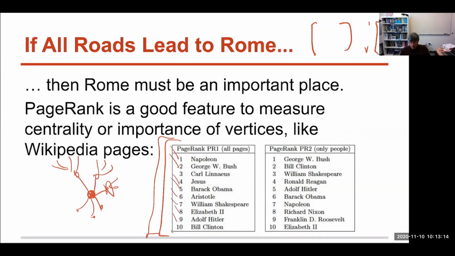I think everybody here will agree is a major historical figure. Perhaps the one that is most suspicious is this guy Carl Linnaeus. Does anyone know why Carl Linnaeus has the third highest PageRank of all people in Wikipedia? Does anyone know who Carl Linnaeus is?